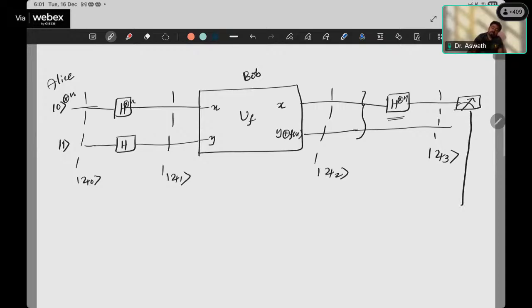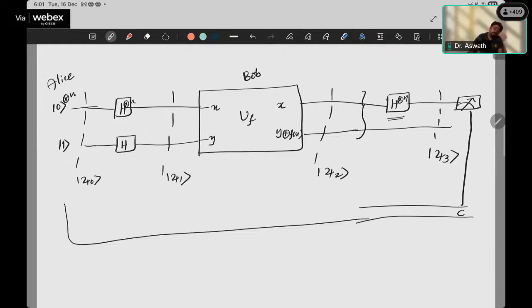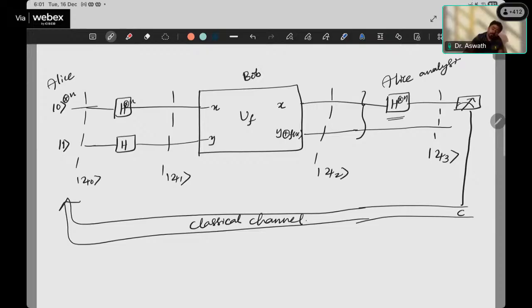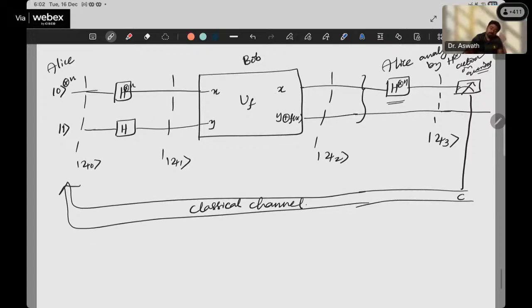That measurement is carried on classical channels, and Alice analyzes that classical information. So Alice's analysis is the H action on the queries, followed by measurement.